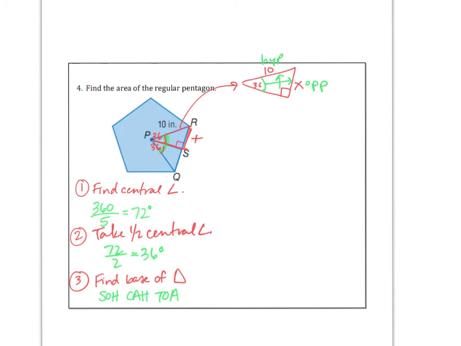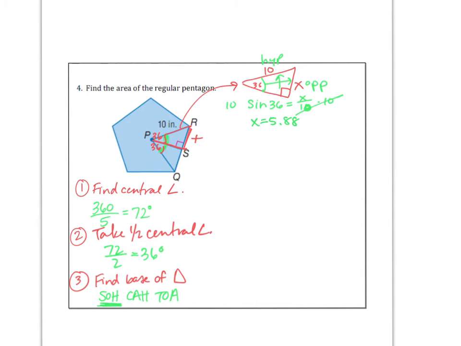So thinking about opposite and hypotenuse, O and H, we're going to choose SO. S stands for sine, so sine 36 equals x over 10. Multiply both sides by 10, those will cancel out, and then you take your calculator and type in 10 sine 36. I believe you should get 5.88.